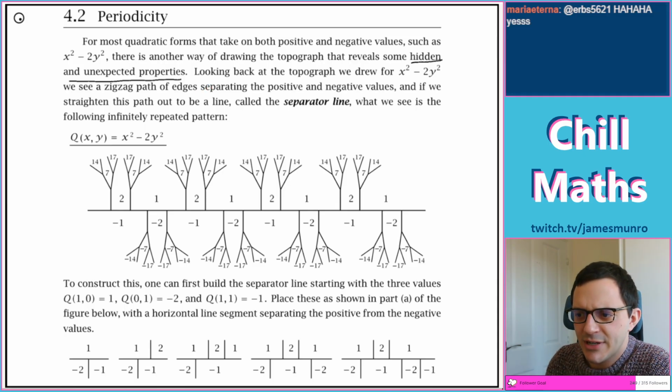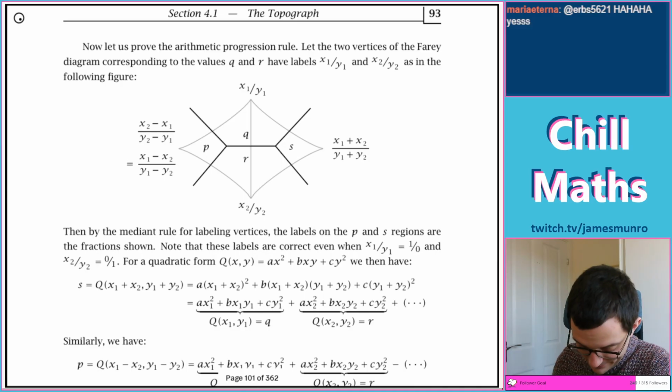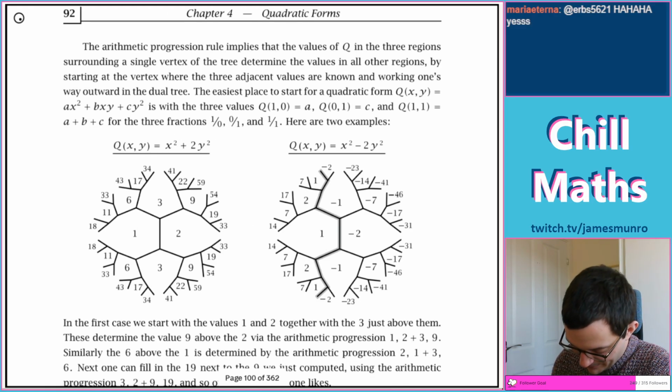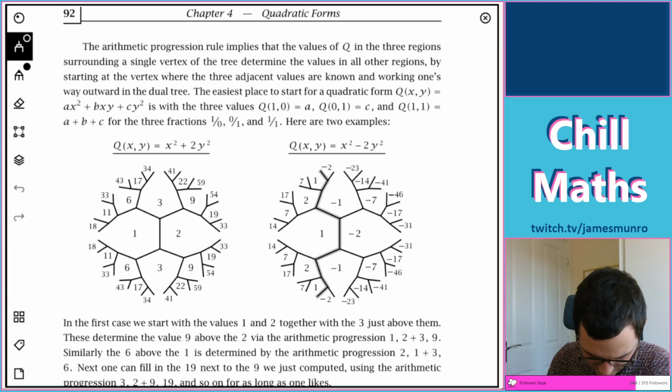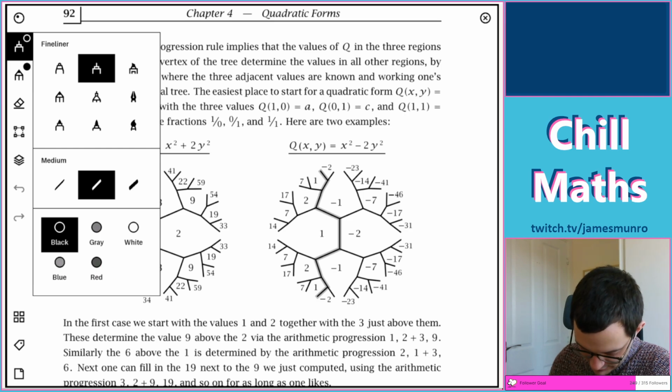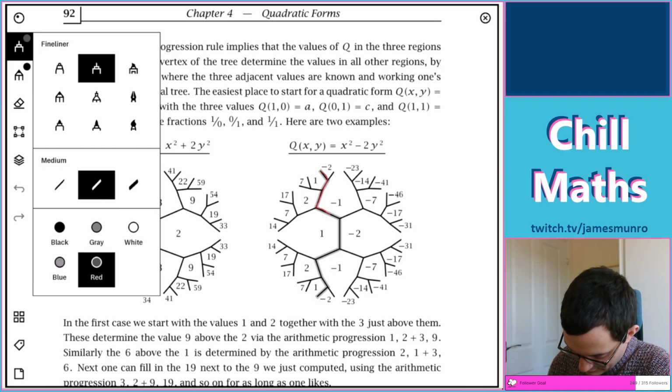Looking back at the one we drew for x squared minus 2y squared, which was, right, flip back over here somewhere. Here's one. It's got negative numbers and it's got positive numbers, and they highlighted this separator line. I'm going to put that in red, I think, just so that we've got the separator line between positive and negative values.